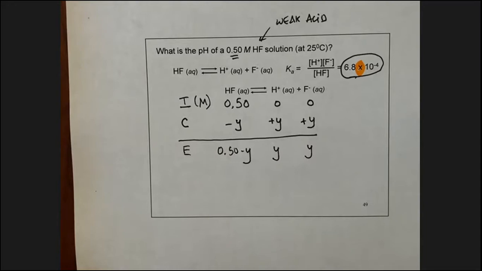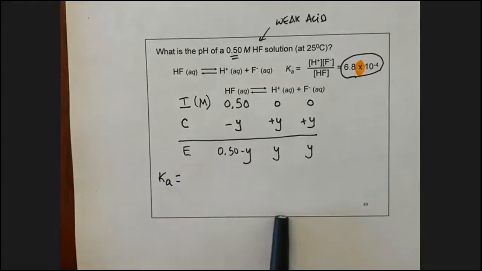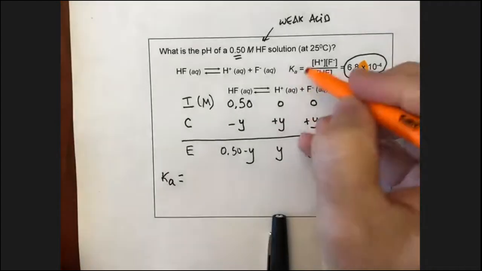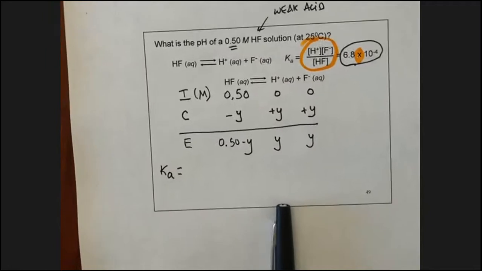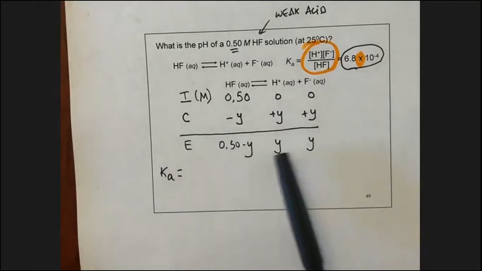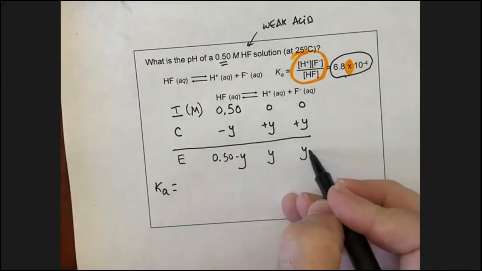Now, looking at the equation for Ka, which we had over here, we see that this is going to be the product of the concentrations of these guys, which is basically Y times Y, so that's Y squared, divided by the concentration of the acid, which at equilibrium would be 0.50 minus Y. Correct?